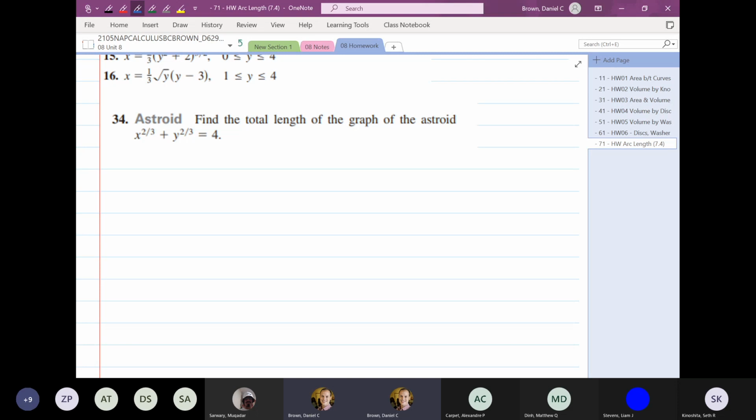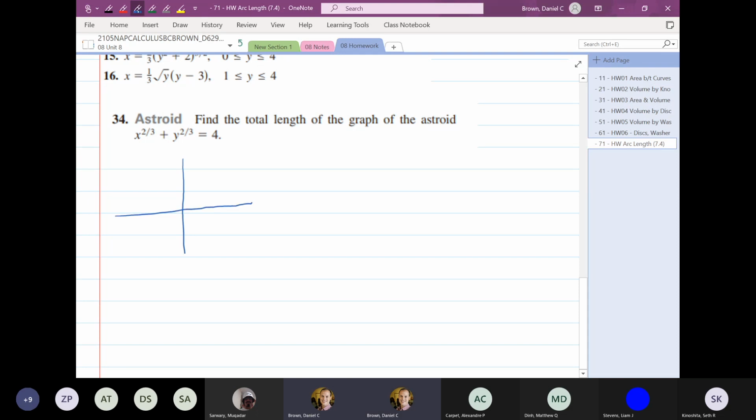Again, you would not be expected to know what this graph looks like. I don't know why my computer is running slow, or why my copy paste is not working.